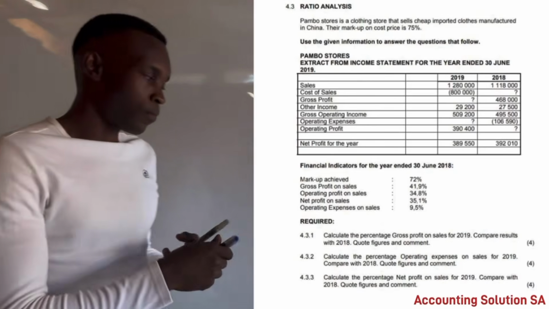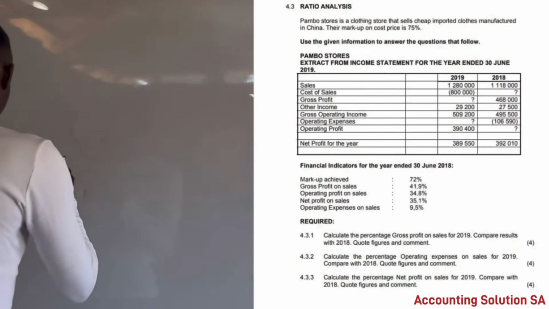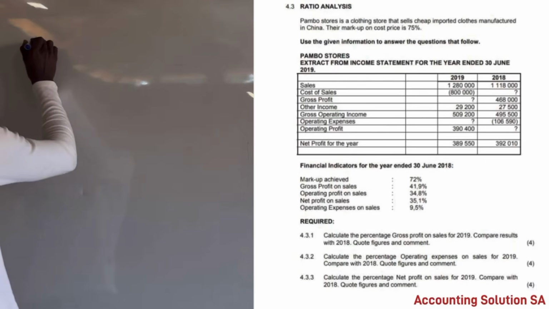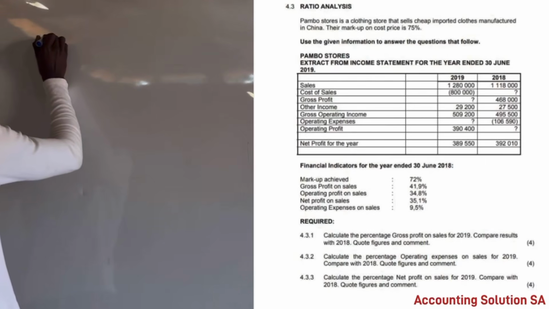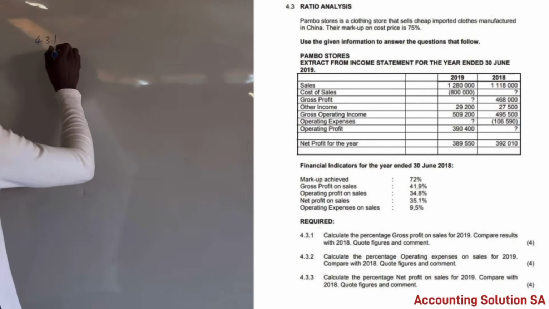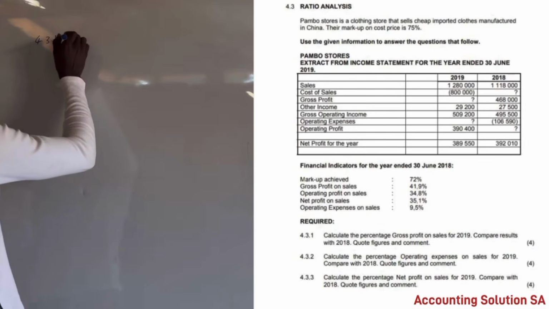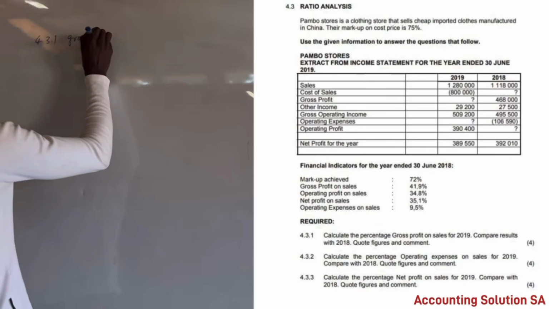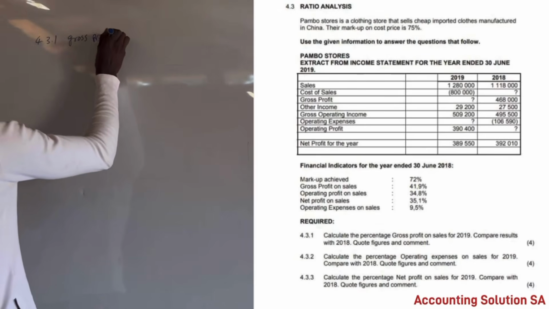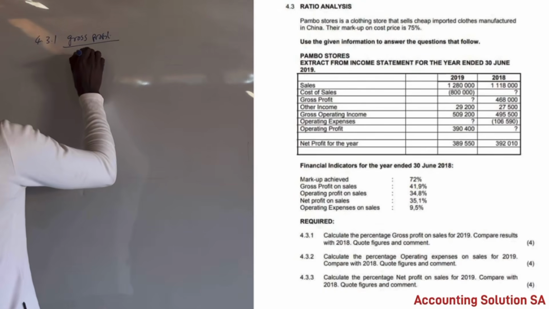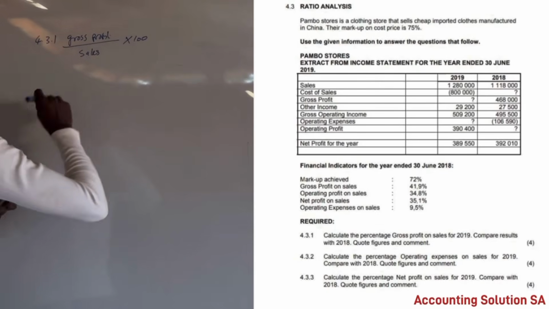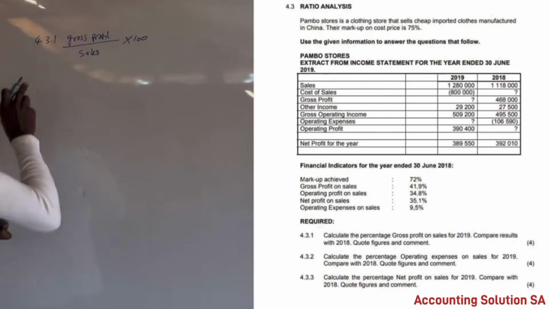For example, 4.3.1, they said gross profit on sales. It simply means that we have to take gross profit and divide it by sales. Then lastly, you just multiply by 100. "On" simply means divide.